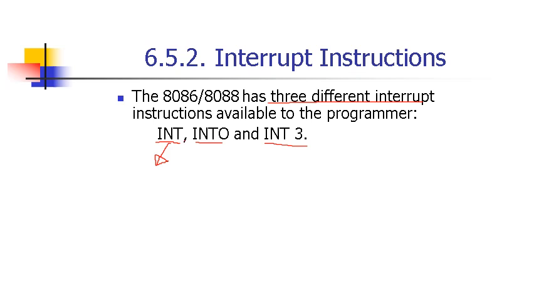So you call a software interrupt by INT, but you have to provide the number of an interrupt vector. For example, you call INT 50. You, as a designer, have written an interrupt service routine.